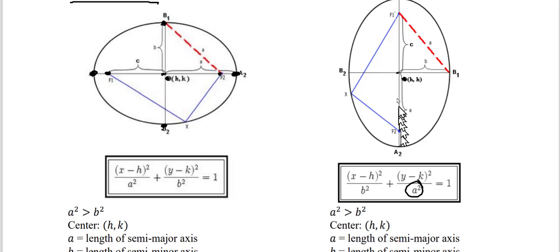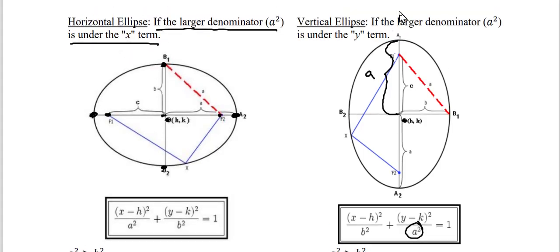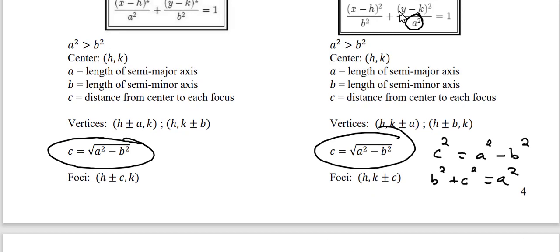Well, A is this length along the major axis in both of these pictures. It's the biggest number. B is shorter because that's the minor axis, the shorter axis. And C is some distance shorter than A because the foci are in between the center and that vertex along the major axis. So I don't really necessarily memorize this.